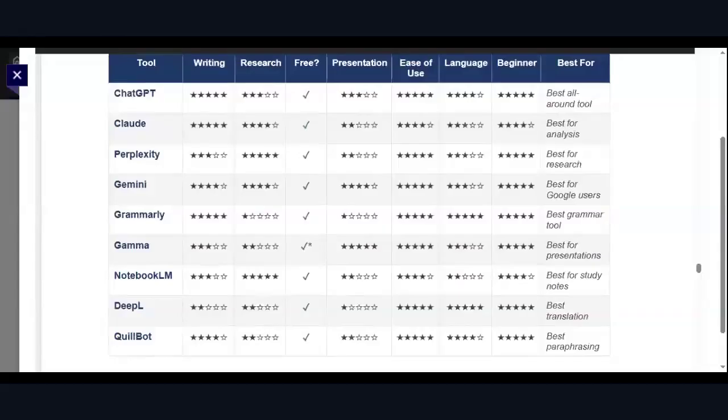Okay, Quillbot, the best for paraphrasing. As I told you, it's a very interesting tool that converts word information, like professional information, into more humanistic information, let's say like that, because some information can be, I can say, robotic. So paraphrasing, you know what paraphrasing is, and there's a tool like Quillbot that helps you out with that process.